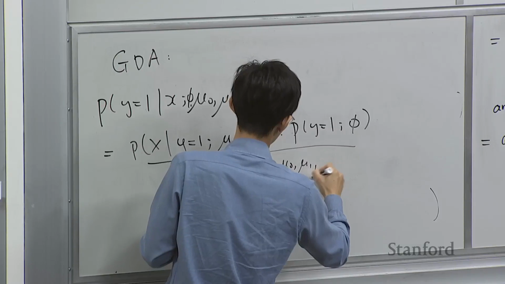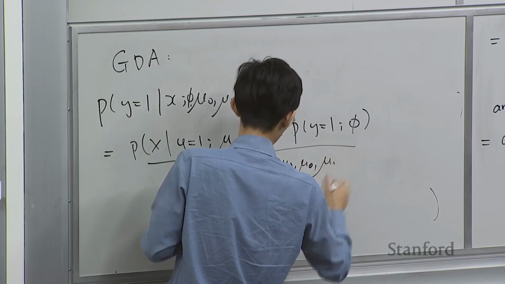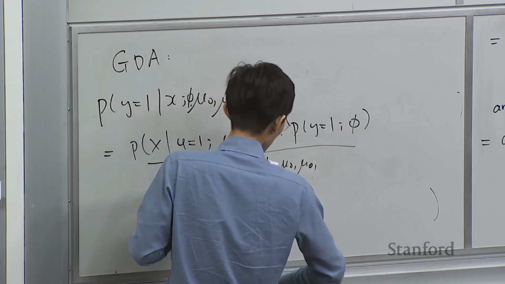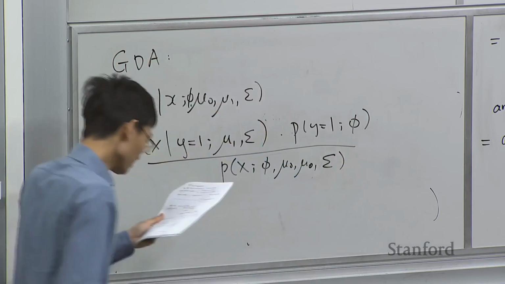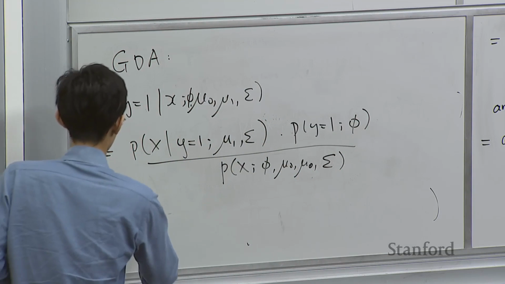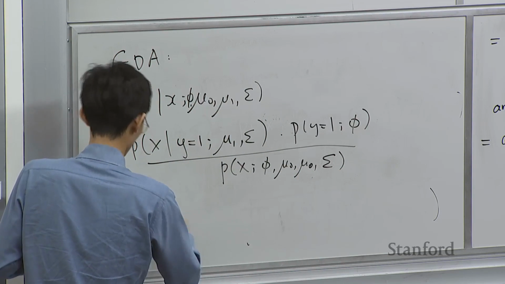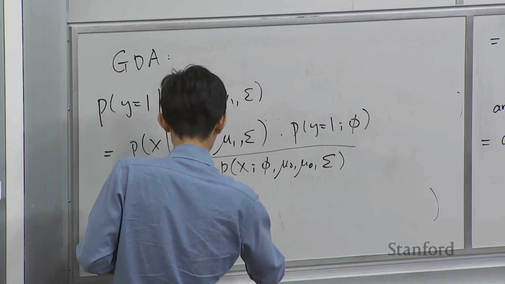This is the Bayes' rule that we alluded to at the beginning of the lecture. Then you do a lot of calculation, which is homework.